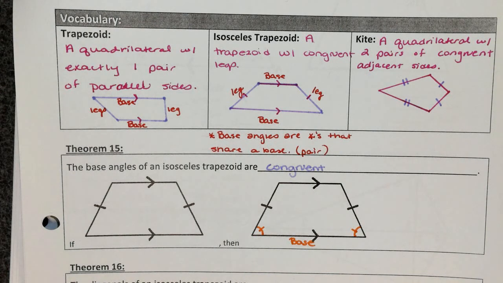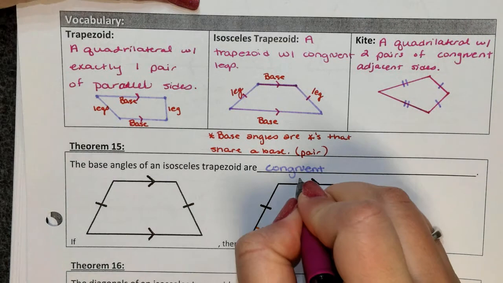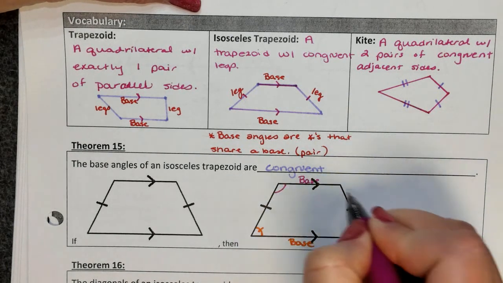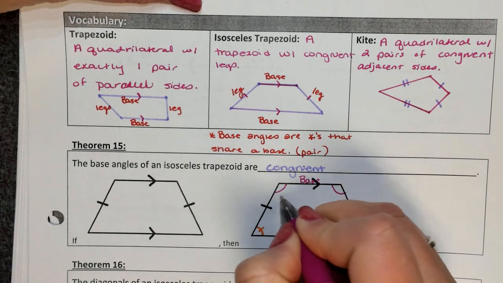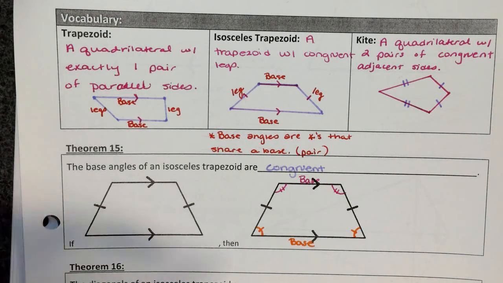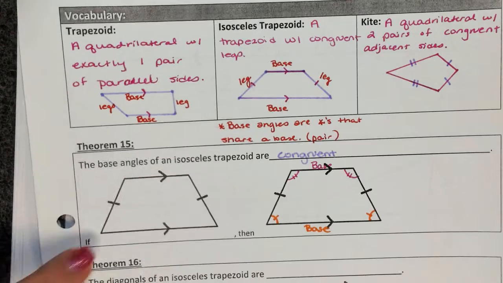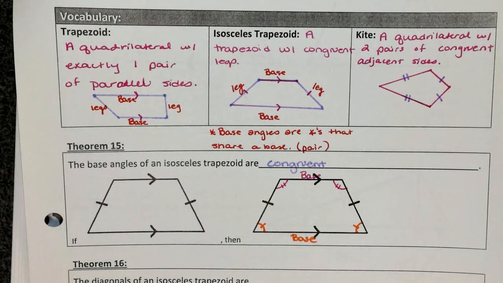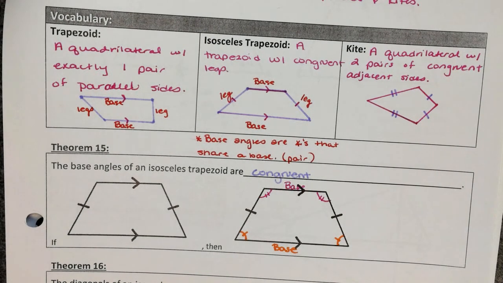So the pair is congruent. Not only do I have those base angles, but you also have a base up here. The base angles at the ends of this base are also congruent to each other. Not to the other two, but those two angles are congruent to each other. So if we have an isosceles trapezoid, then we can mark those angles congruent.